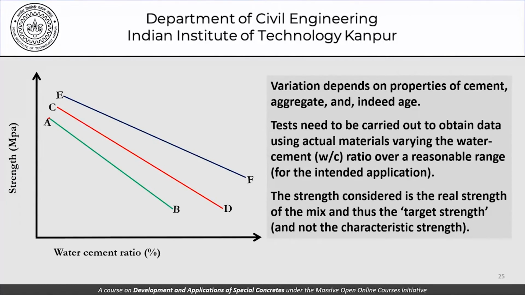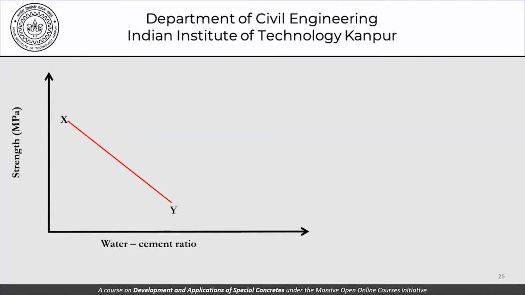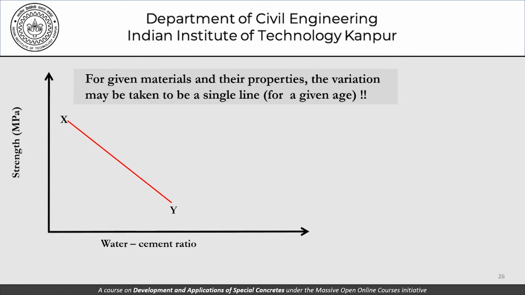Tests need to be carried out again to obtain the data using actual materials, varying the water-cement ratio over the reasonable range for the intended application. The strength considered is the real strength of the mix, and thus the target strength and not the characteristic strength, which means that we'll finally determine this unique line, let's say XY, such that for a given material and their properties, the variation is taken to be this line for a given age.